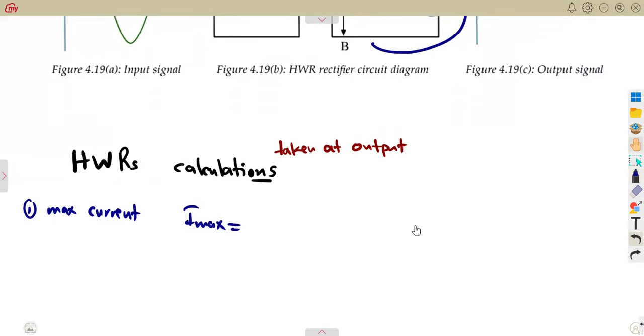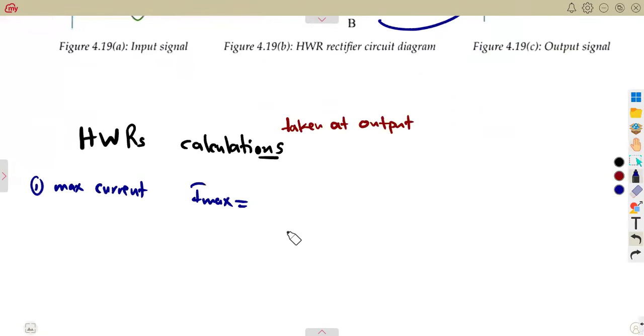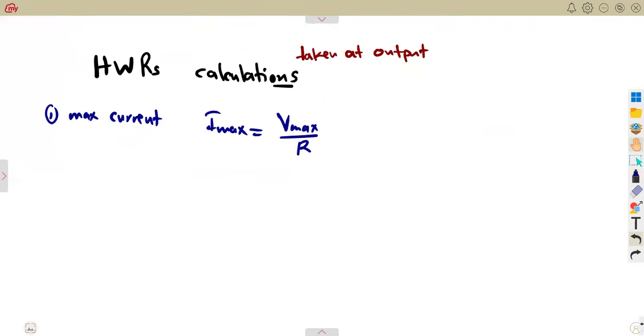So definitely we'll need the maximum voltage over resistance. Remember, current is voltage over resistance. So it's Vmax over the resistance, taking the secondary side. We talk of the RMS values. Remember your RMS values? I talked about this when we were relating from a normal transformer.